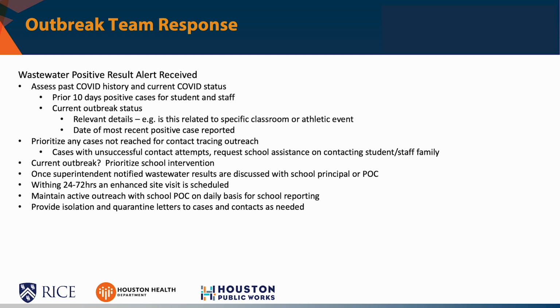The priority in any situation is to prioritize school intervention steps to minimize any type of spread. This includes disseminating a wastewater report to the school's leadership and visiting the school. After the site visit, maintain an open channel of communication for daily reporting and ongoing communication with the cases and contacts.